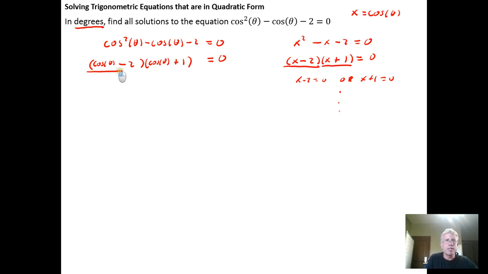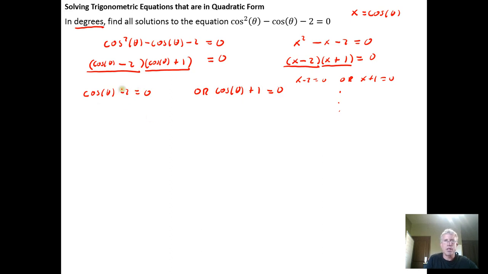And now I recognize that I can use the zero product property because I have a times b equaling 0. So either a equals 0 or b equals 0. So we're going to create two equations: the cosine of theta minus 2 equals 0, or the cosine of theta plus 1 needs to equal 0.